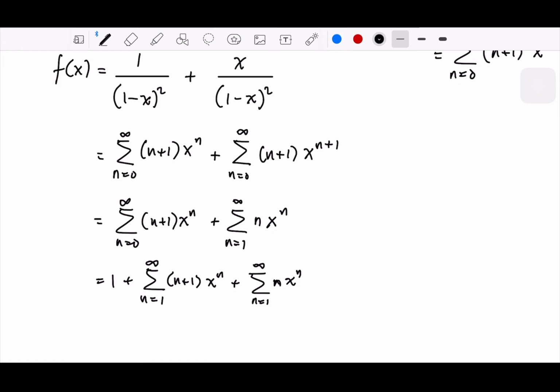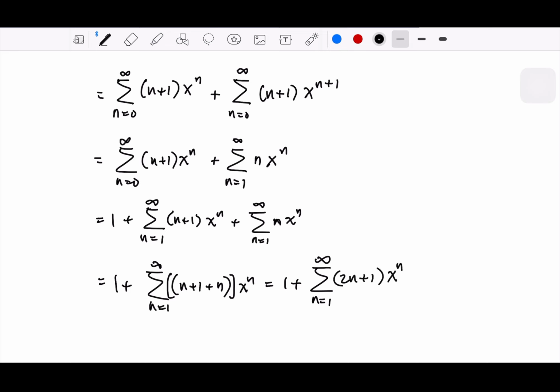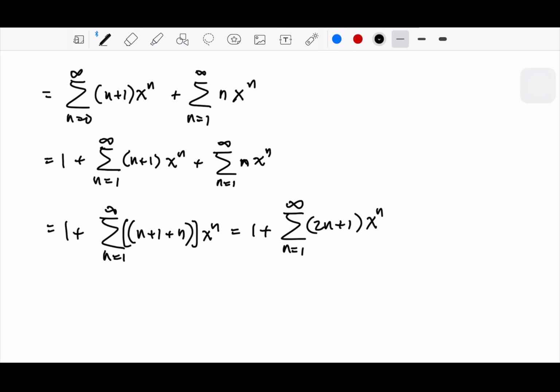And because this is n equals 1, we can combine this. So this means that we can combine (n + 1) plus n, and then x to the power of n. So we have 1 plus the series.